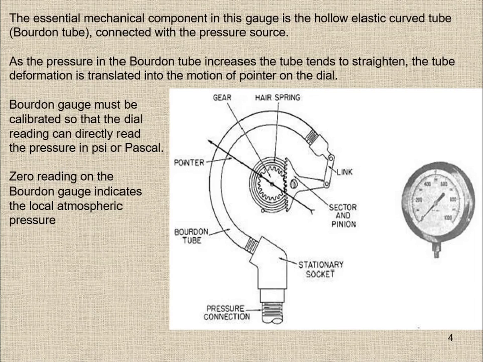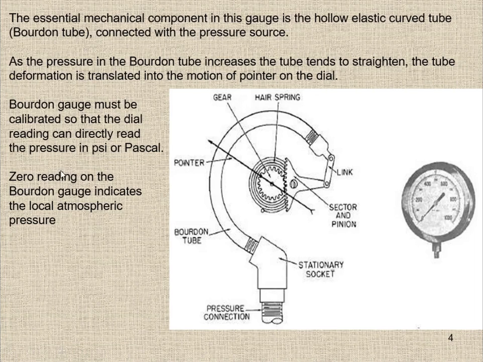After that we can convert, depending on what measuring units you need. You can buy from the market; it is available in psi, Pascal, kilopascal, and bar. It's up to you what unit you want.